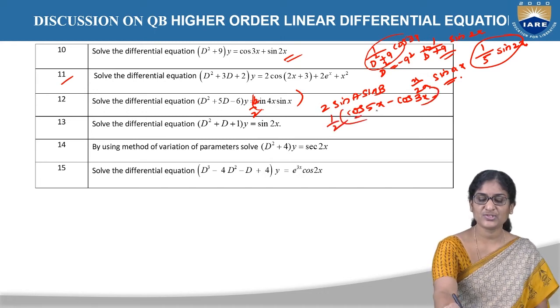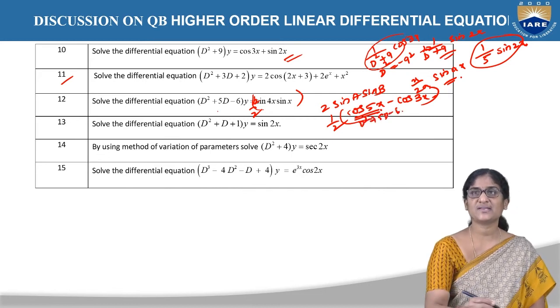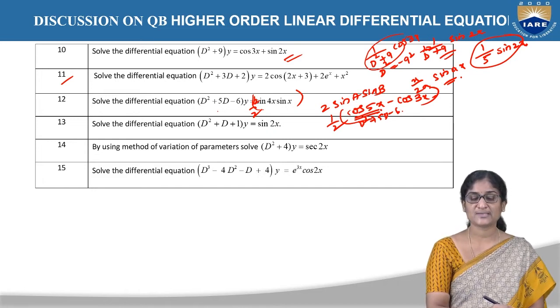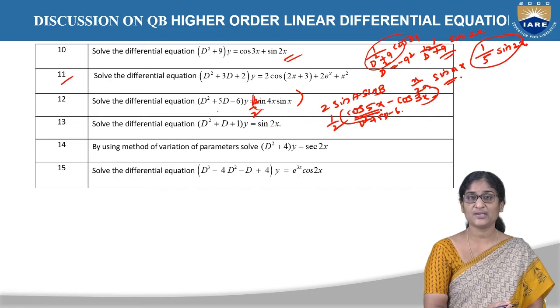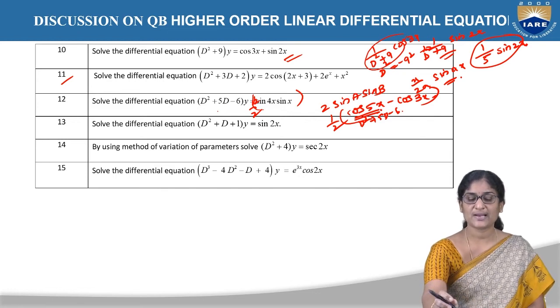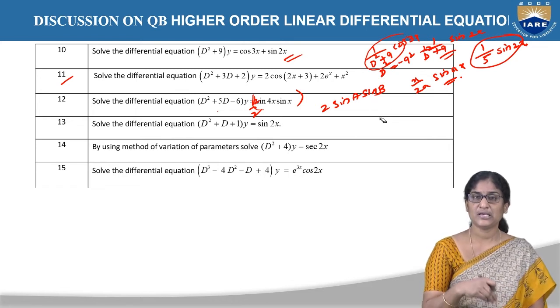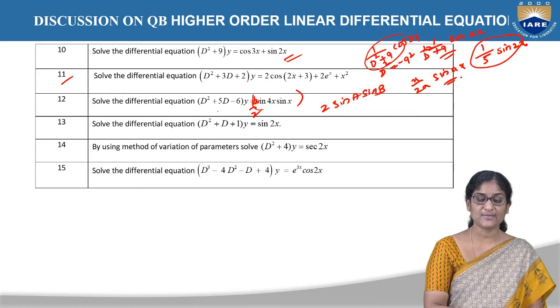For each one we can use 1 by D squared minus 5D minus 6 into cos 3x, and into cos 5x. So each one we can make use of the D squared is equal to minus a squared formula. If you don't have D in the denominator, we can go for rationalization to bring D squared in the denominator, and the numerator D acts like a derivative.